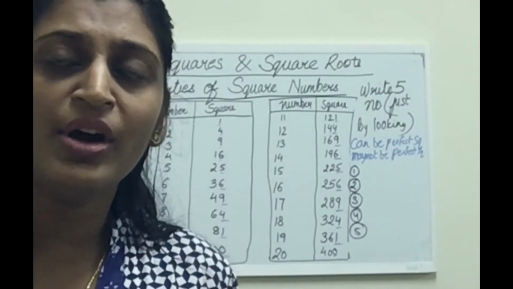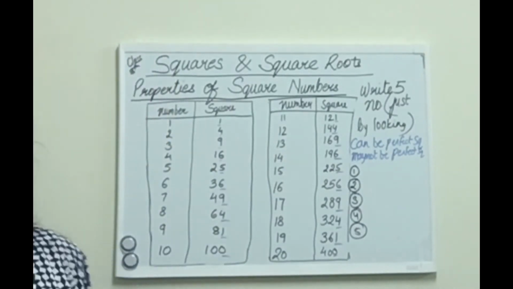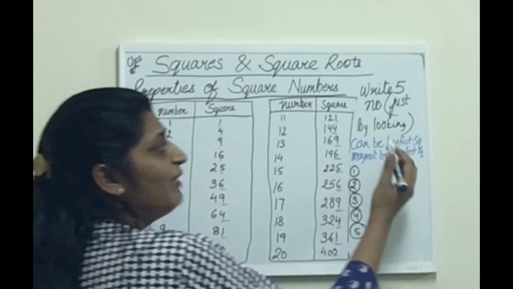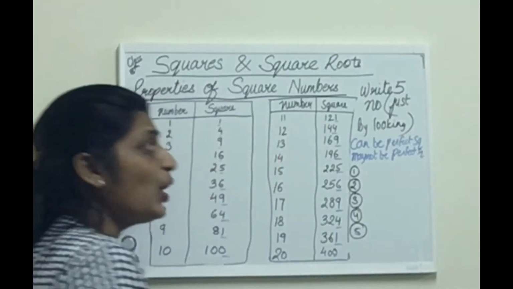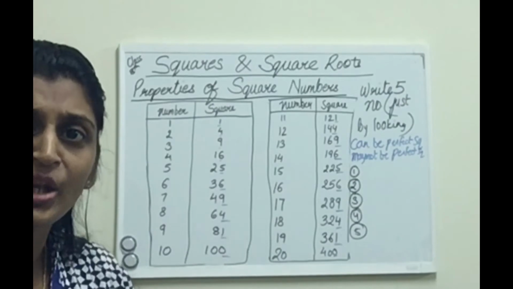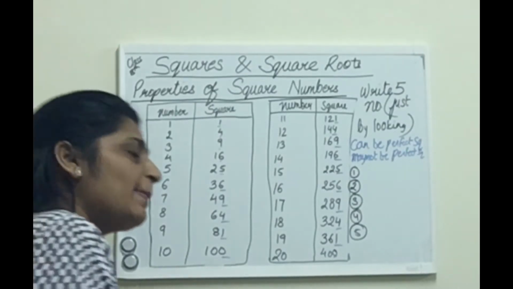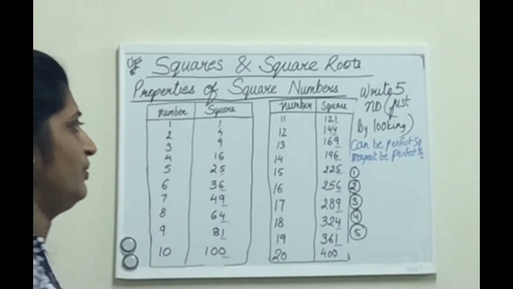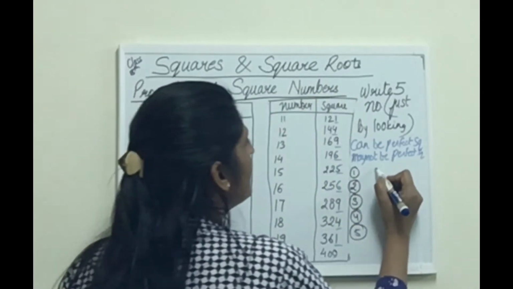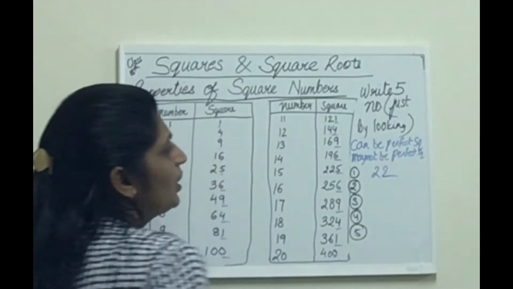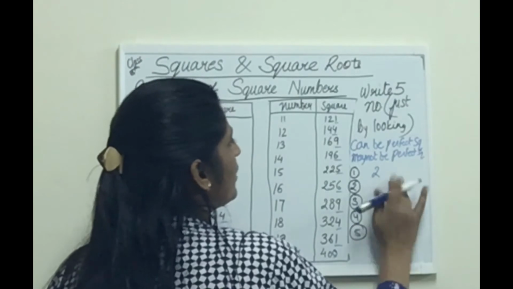You are not confirming by solving it, you just by looking need to say whether it can be a perfect square or it may not be a perfect square. Okay, so the first number, a very simple number, 20.